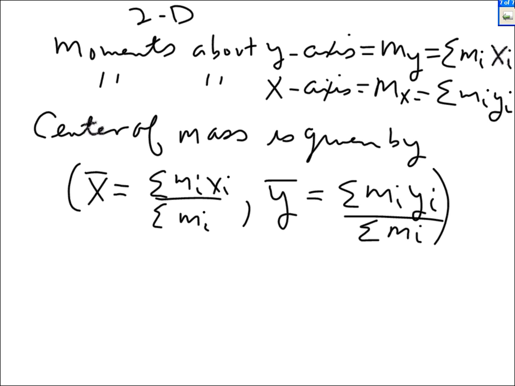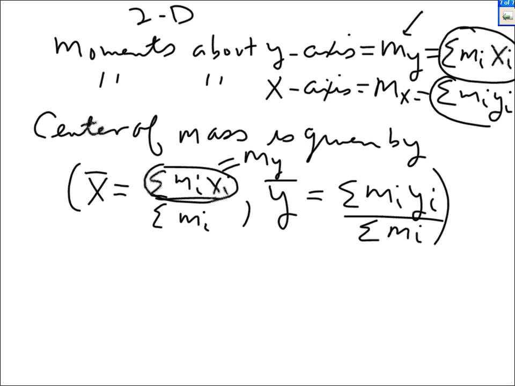Now, let's see. This numerator right here, if you want to be fancy, it's the same as this, and it's called my. So in your textbook, it's going to say x bar is m sub y over the summation of mi.